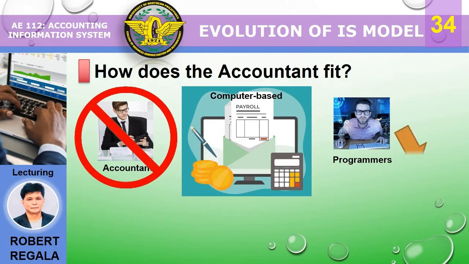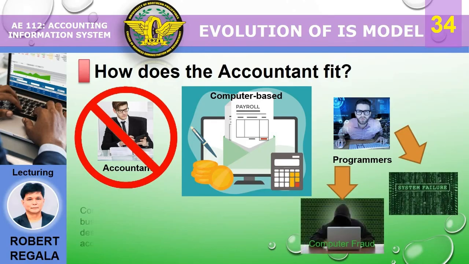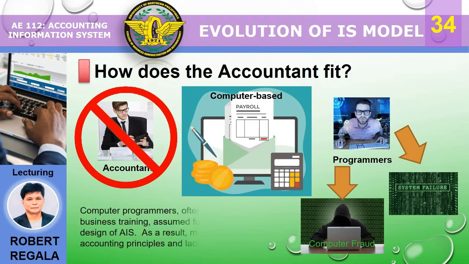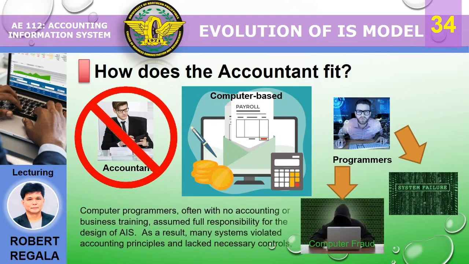Large system failures and computer frauds marked this period in accounting history. By the mid-1970s, in response to these problems, the accounting profession began to reassess the accountant's professional and legal responsibilities for computer-based information systems.